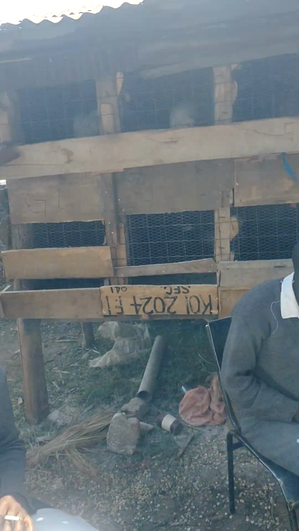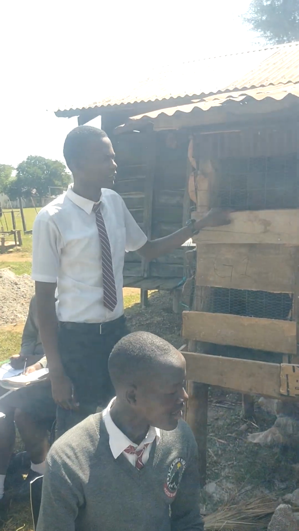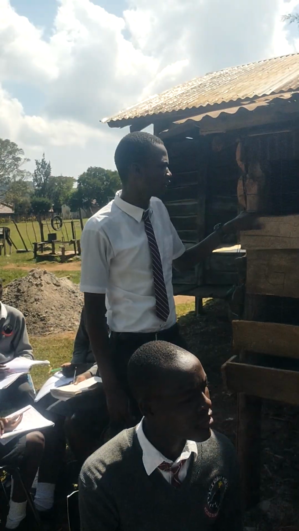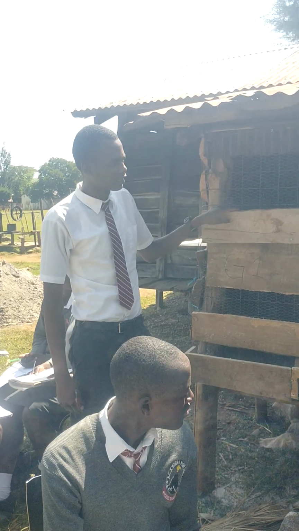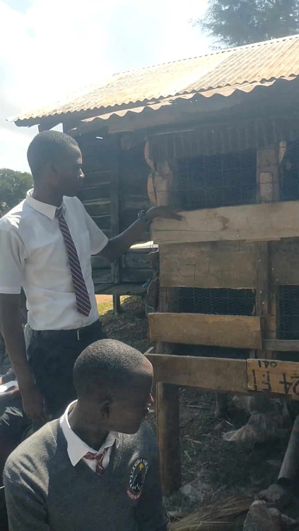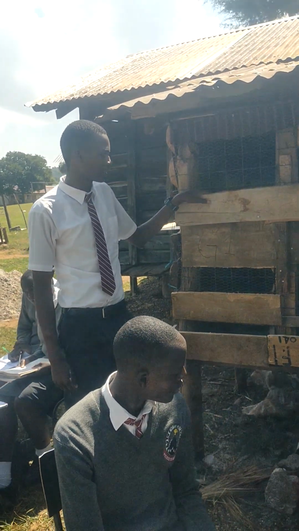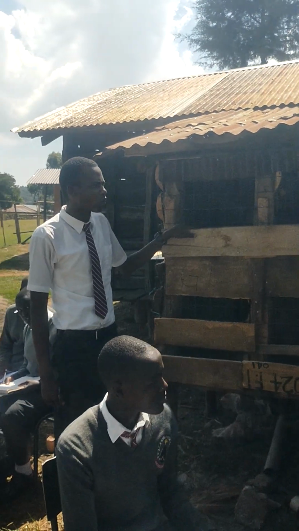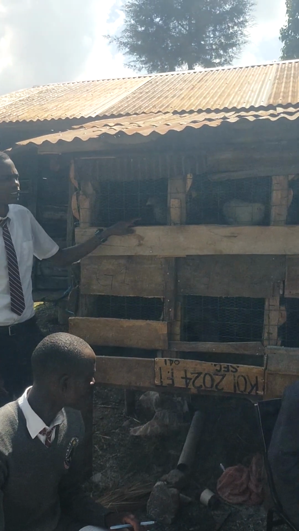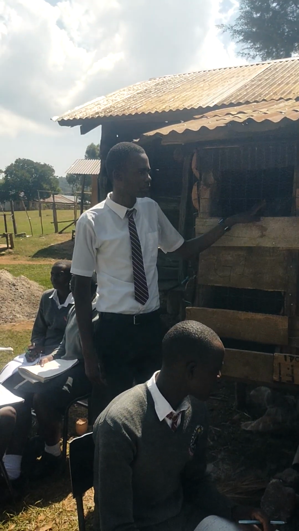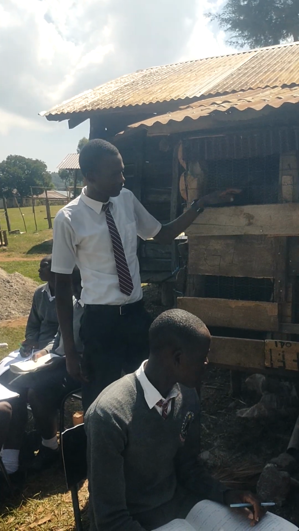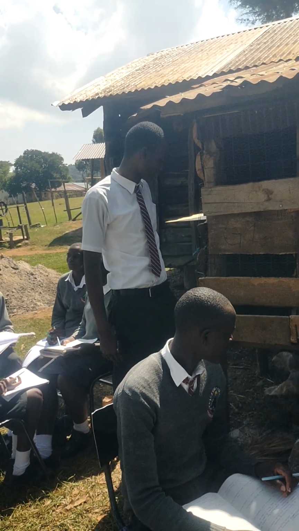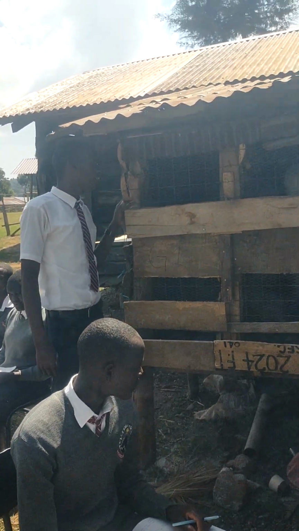I'm going to take you through stress. The causes of stress in poultry: it is caused by external attack by mongoose. When the mongoose get in here, it causes stress in poultry. You have pests and parasites attacking the poultry, it causes stress. Another one is sudden change in feed. When you change the feeds, it causes stress.